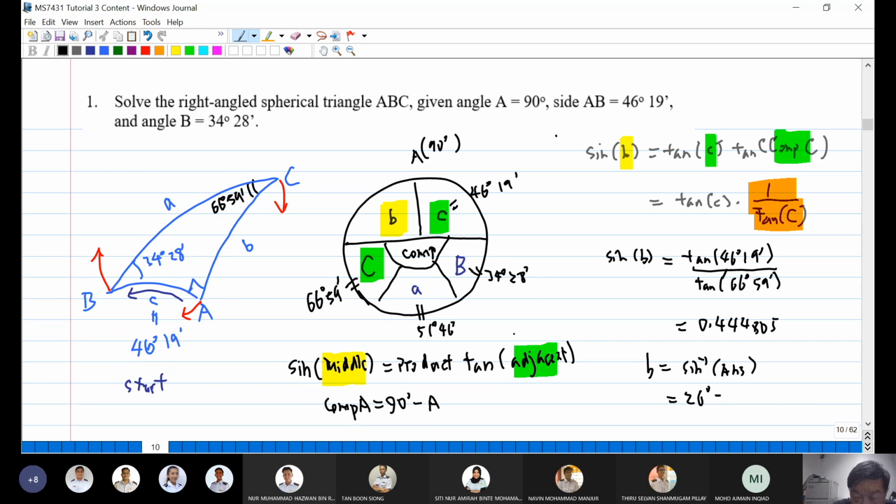I think 25 minutes here, because 39 seconds is more than 30 already. So 26 degrees 25 minutes here. This is how you find side B here. So eventually everything is out already.